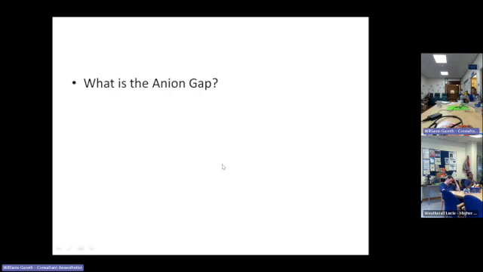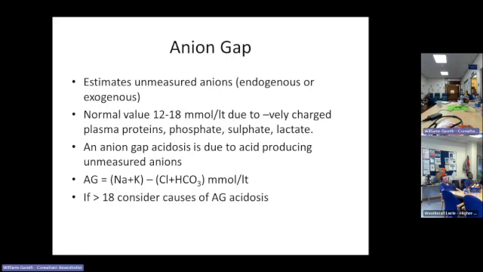So there may be an unmeasured acid that's released anions that we're not taking into account with our normal U&E measurements, and we see a gap. And it can lead us potentially to a different diagnosis. So it's the estimated unmeasured anions, and they might be endogenous or exogenous. So lactate and ketones are the obvious endogenous ones.